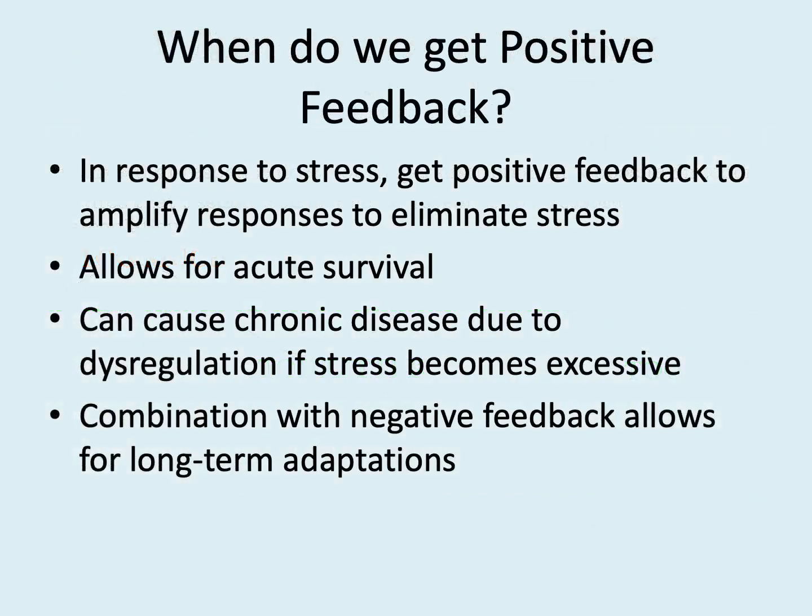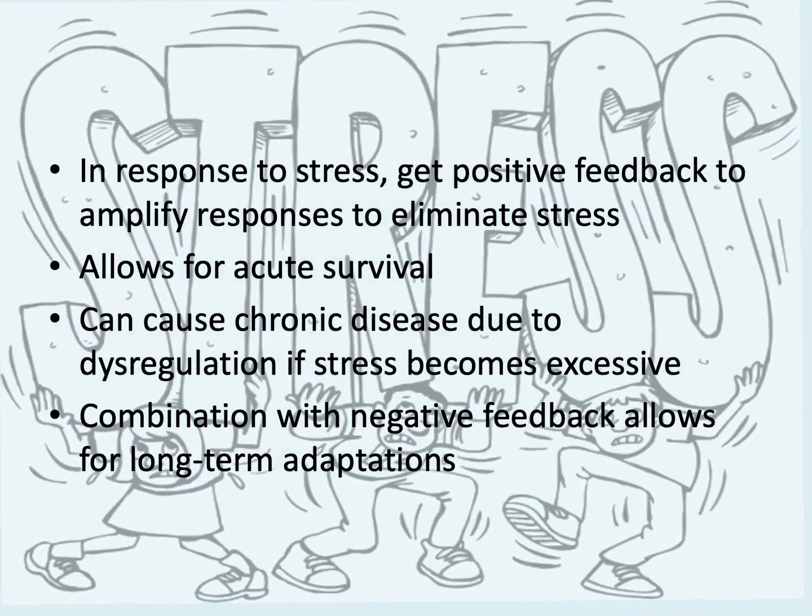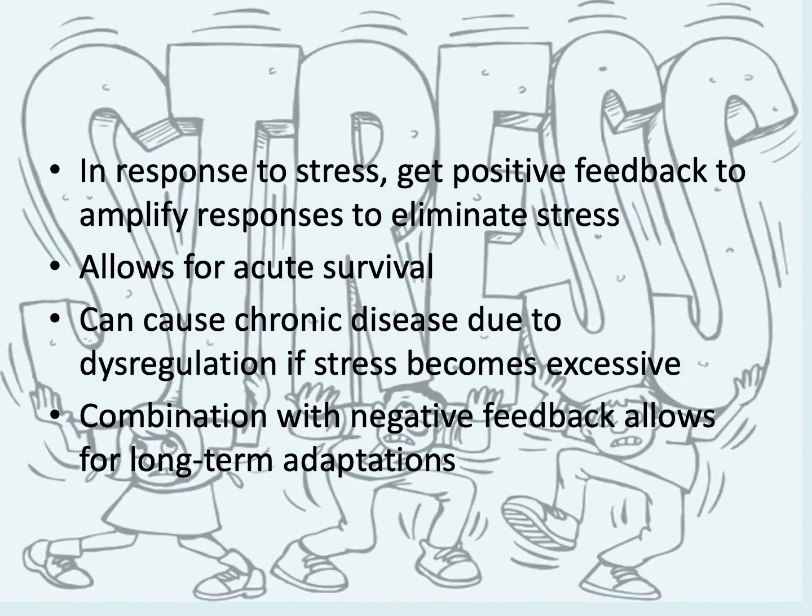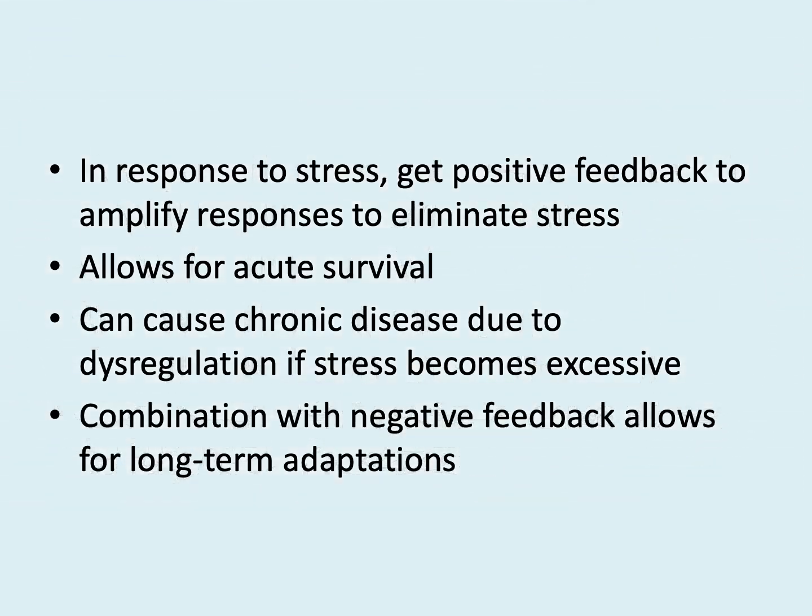Why do we get positive feedback? We get positive feedback because we are constantly under a response to stress. We get positive feedback to amplify the responses to eliminate the stress. It allows for acute survival without worrying about the long-term ramifications.